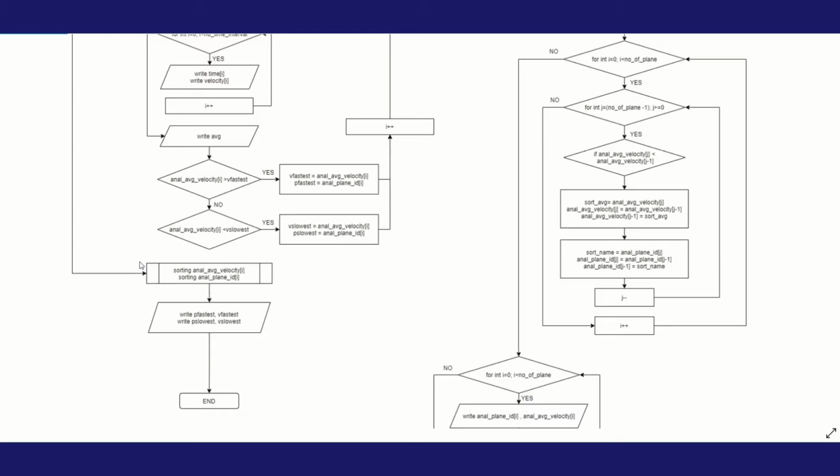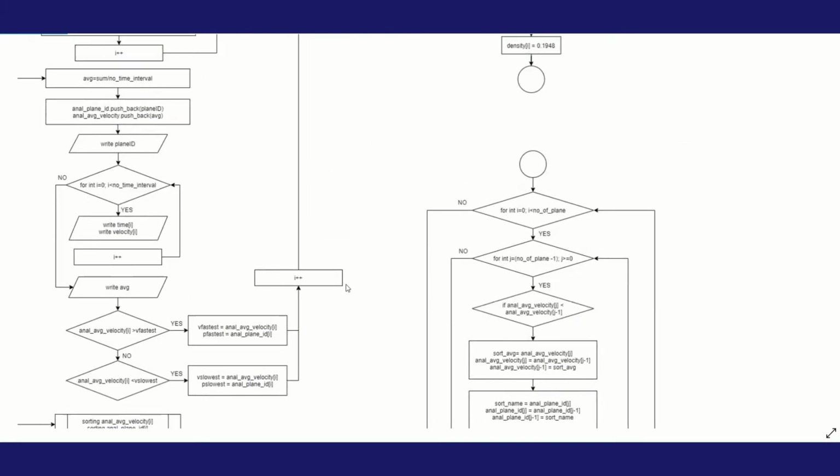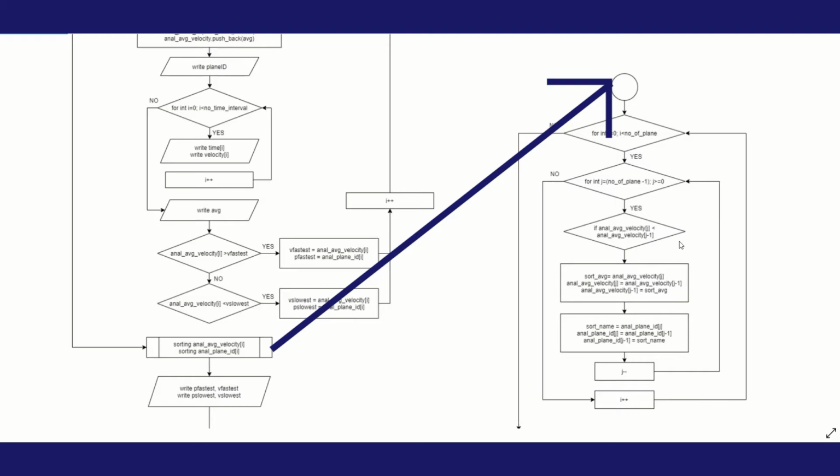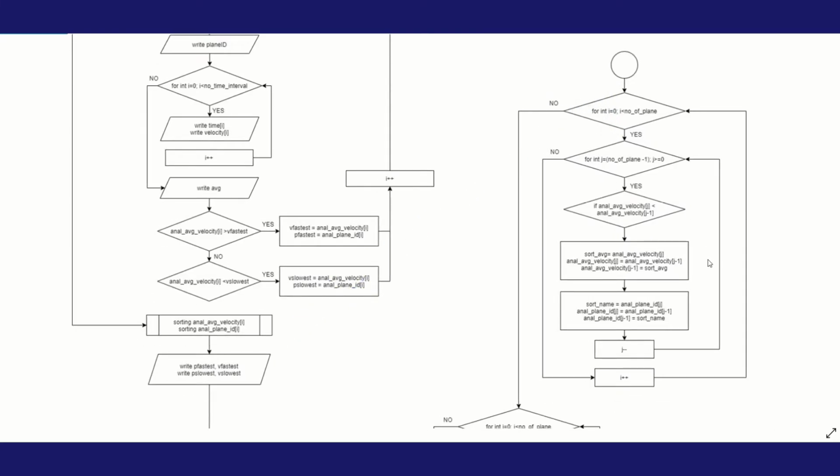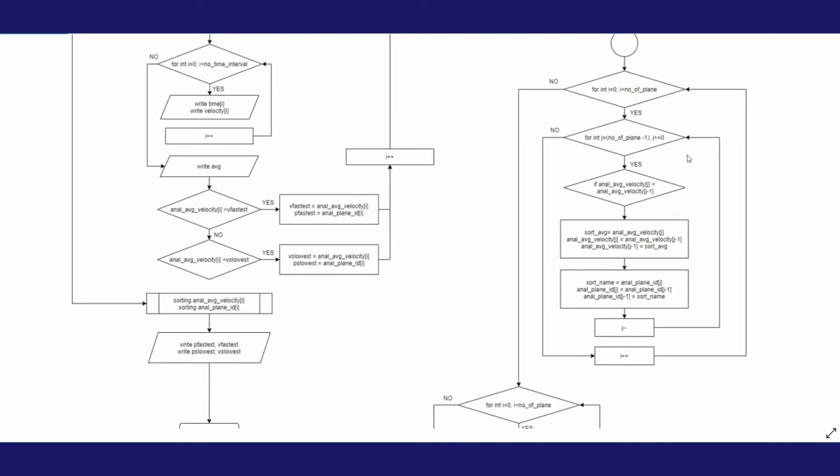This is the subprocess, and we're going to look at this flowchart. For this flowchart, this operation is to sort the average velocity and also to sort the plane ID. So for the first loop, this is the outer loop.